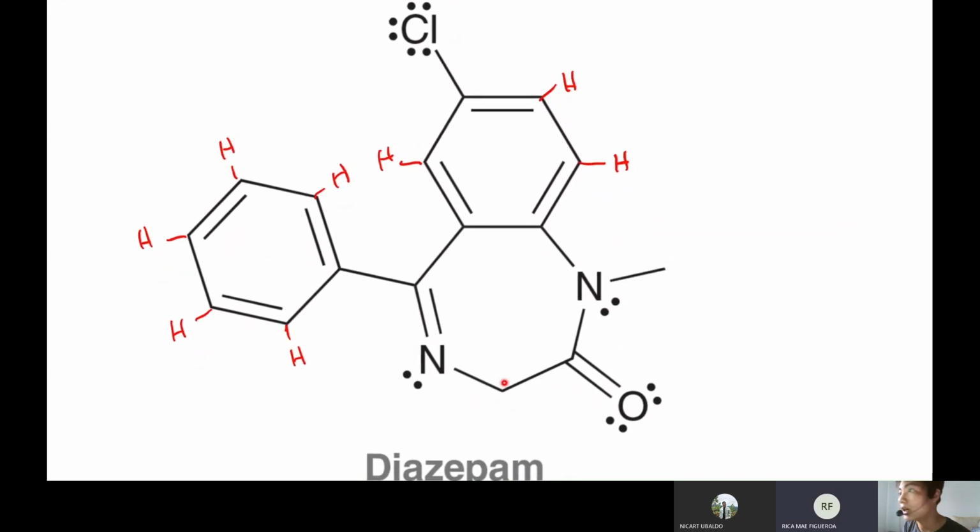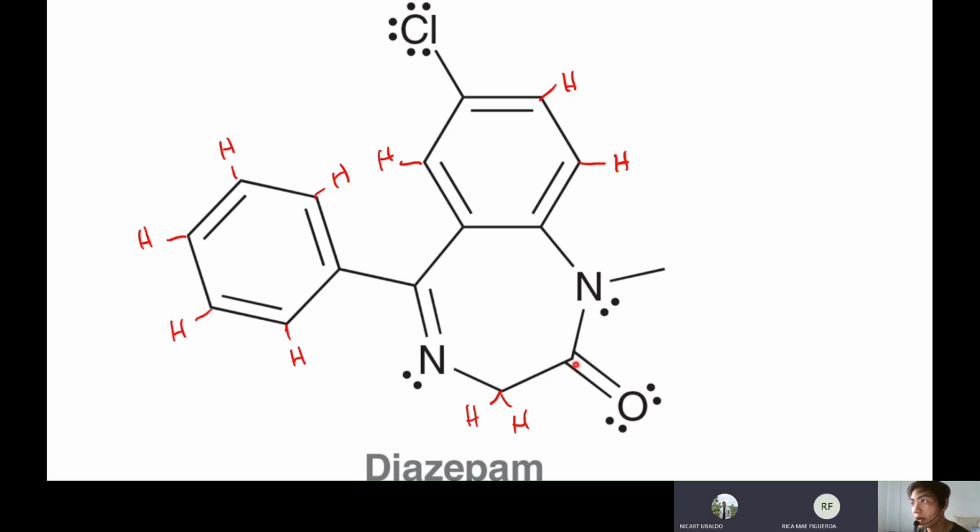Okay. How about this part? Dalawa. Kasi may dalawang bonds sa carbon dito, no? So, carbon yan, may dalawang nakatusok sa kanya. Meron dito, meron sa right, no? So, that means may dalawa pang hydrogens dyan. Ayan. How about this carbon?